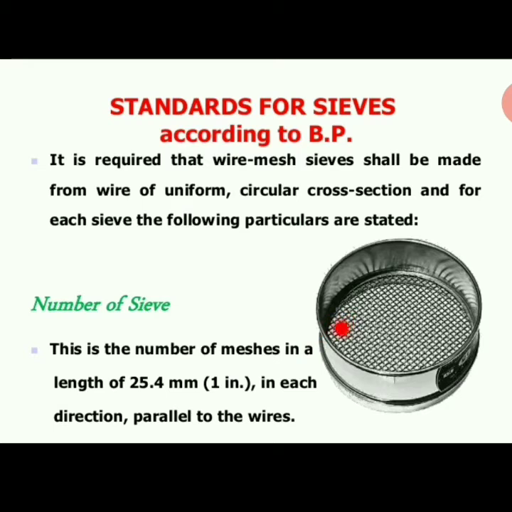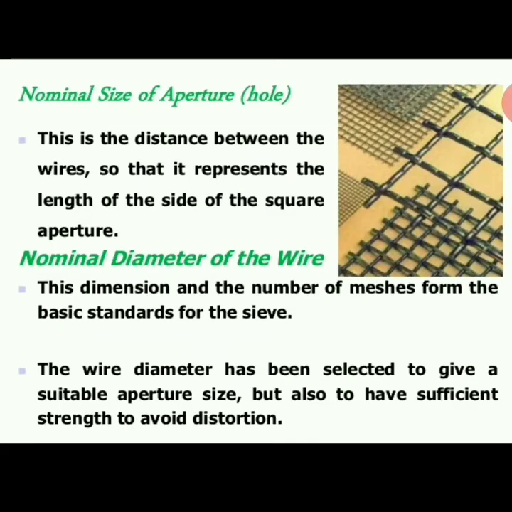Then next is the nominal size of aperture, also called a hole. A sieve possesses a square-like structure. Here is one bar and here the second bar is present. The nominal size of aperture indicates the distance between two adjacent wires.